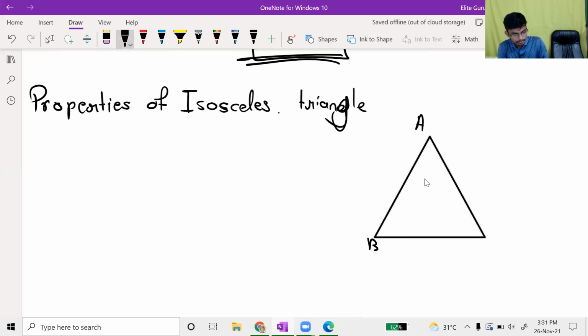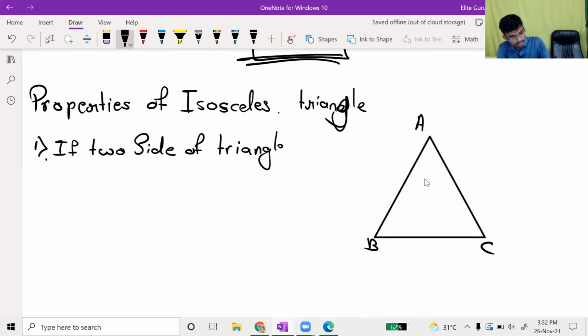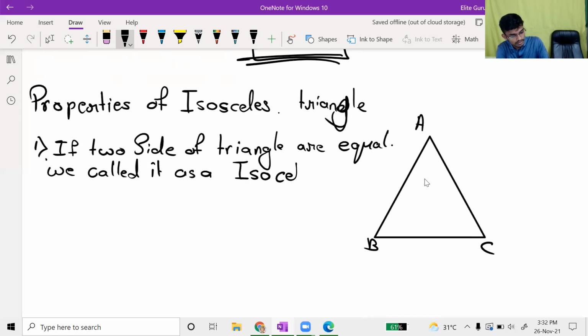Name it A, B, and C. First property, if two sides of a triangle are equal, we call it an isosceles triangle.